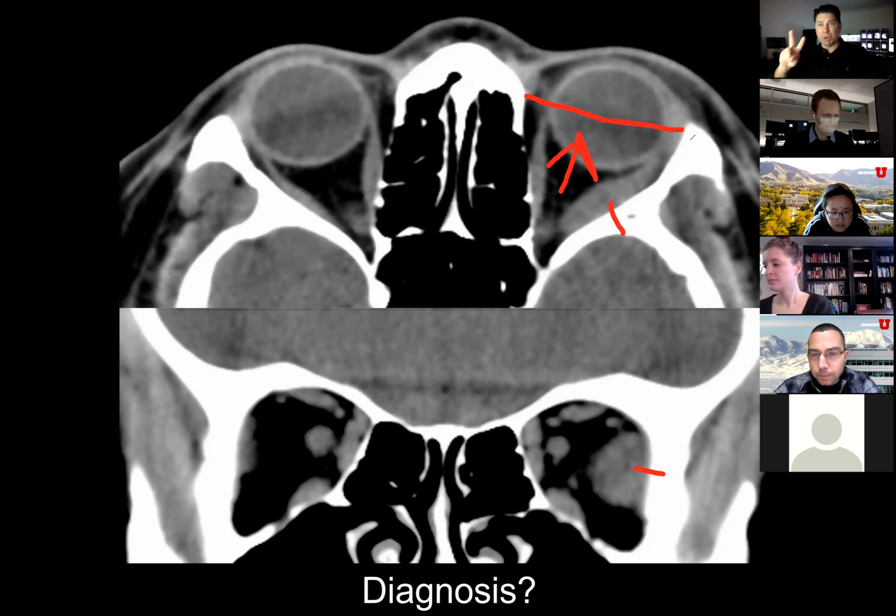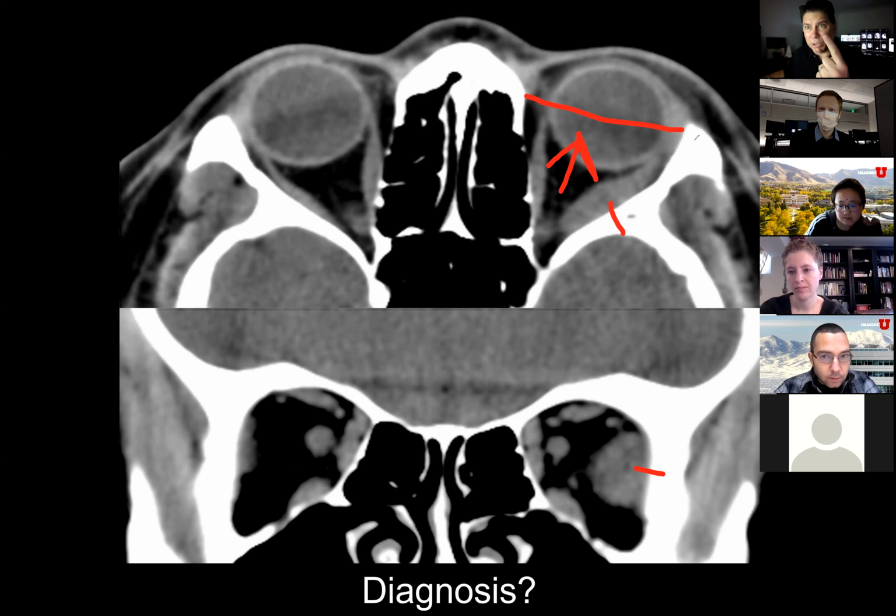I'm not interested in big doctor words. What are the two big questions you should have? Is the patient having visual loss? Did the proptosis happen quickly or slowly, and does it hurt? Oh, okay. Does pseudotumor hurt? Yes. Pseudotumor hurts.